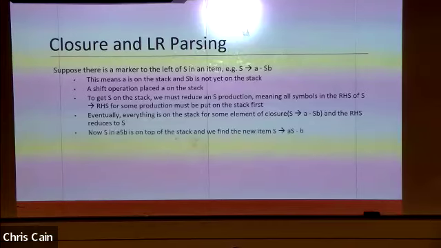So once we see that something that reduces to S is on the stack, we can find that item, reduce it, and then move the dot past the S, saying that now that S is on top of the stack. Did that make sense?